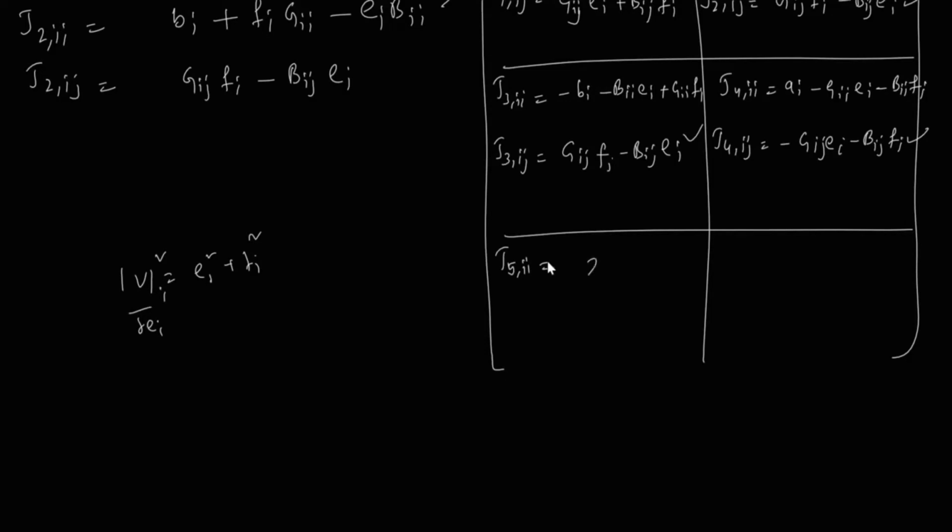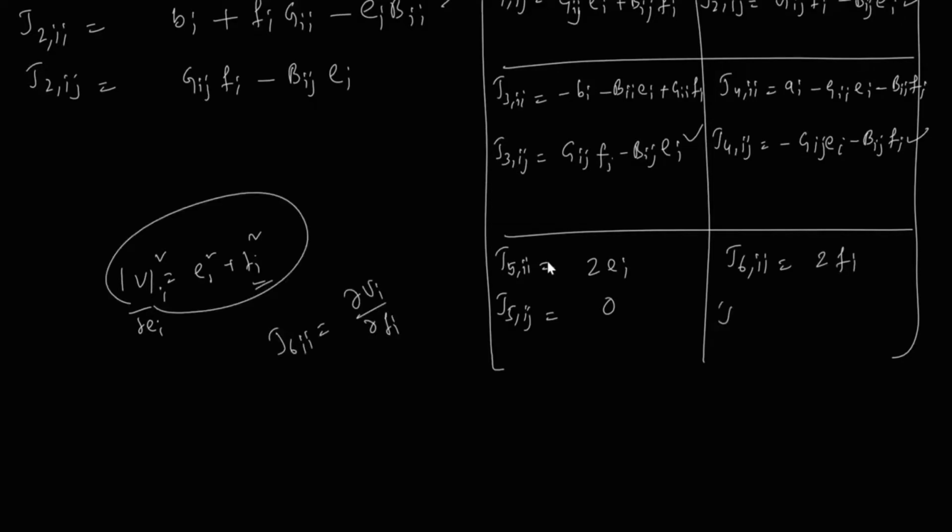This is simply 2EI, and J5IJ is simply 0, there is no element in this equation with respect to EJ, and similarly J6II is equal to 2FI, and if I take with respect to FJ, there is no FJ at all, so it is 0.